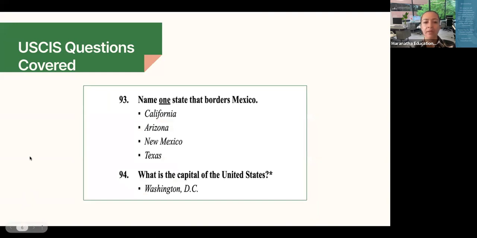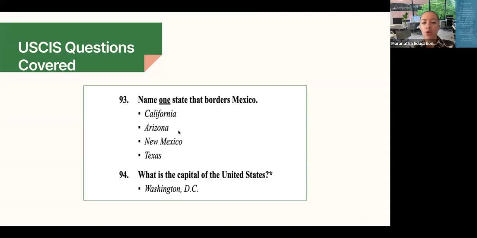Question 93. Name one state that borders Mexico. As I mentioned previously, there are 4 states that border Mexico: California, Arizona, New Mexico, and Texas. Fortunately, you only need to provide one answer. You only need to provide one state.